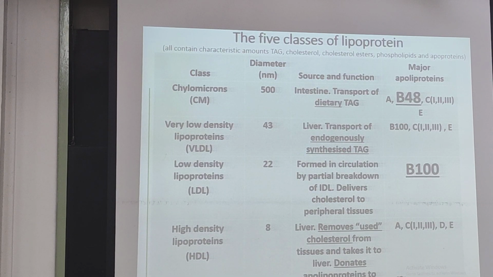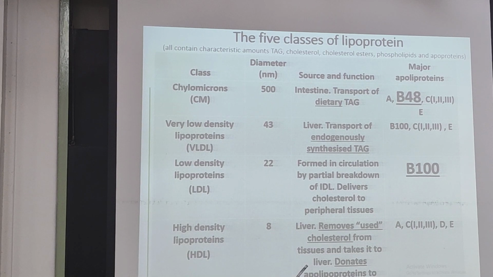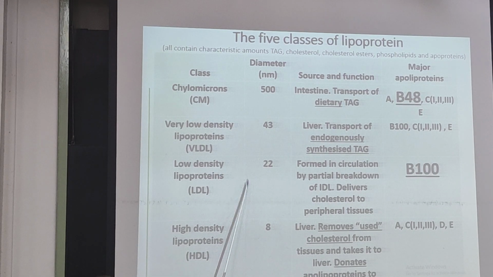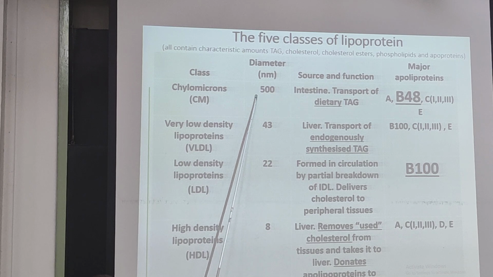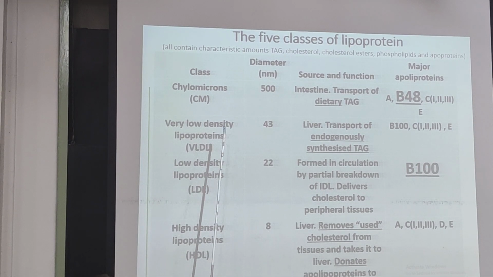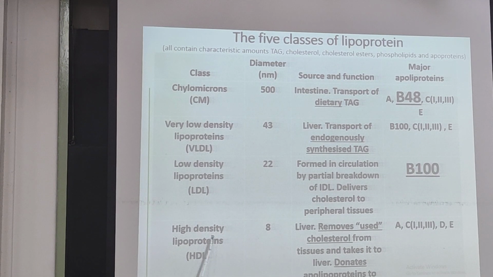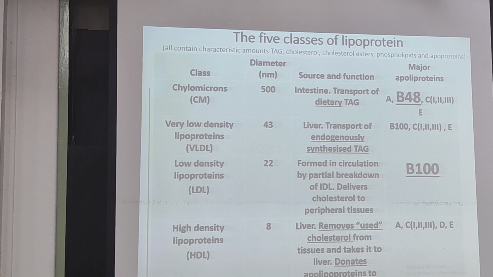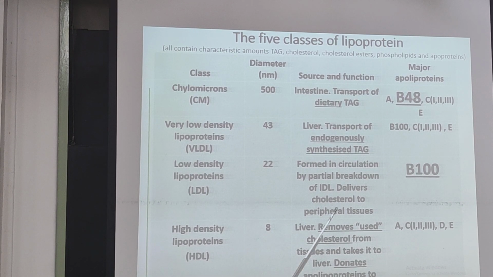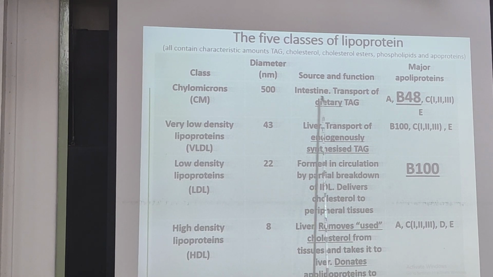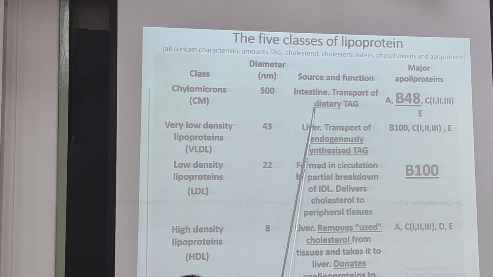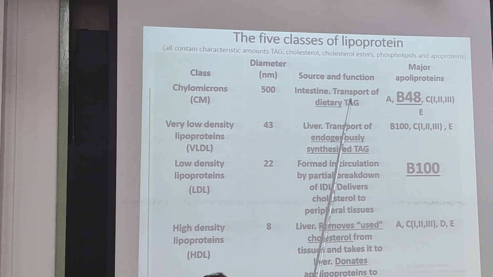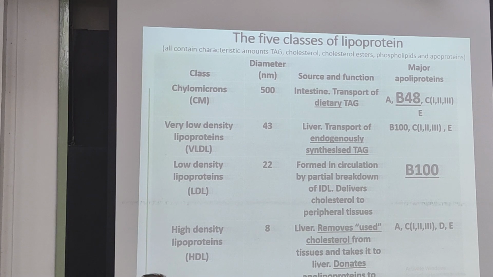Here again you can see the property related to diameters, which you don't need to know in terms of size, but as you can see here, chylomicrons are large particles and HDL are tiny particles. Related to their function, chylomicrons are synthesized in the intestine, and their activity is to transport dietary lipids.